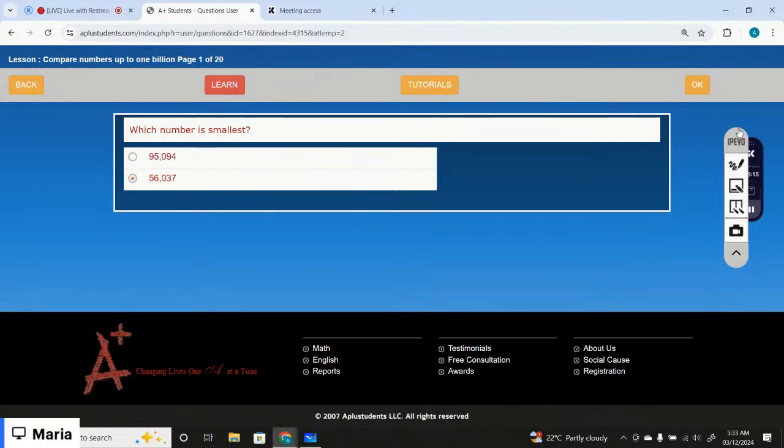That is option number 2. When you count, 56,037 is the smallest number.